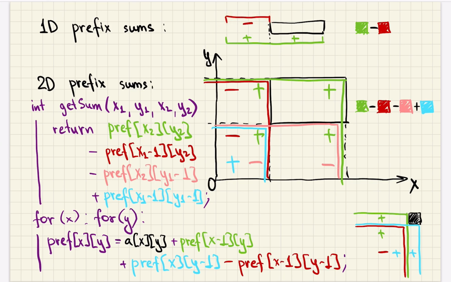So for two-dimensional prefix sums, we want to calculate the sum on rectangle, and we want to understand what can we precalculate to do that. So let's try to do something similar, right?